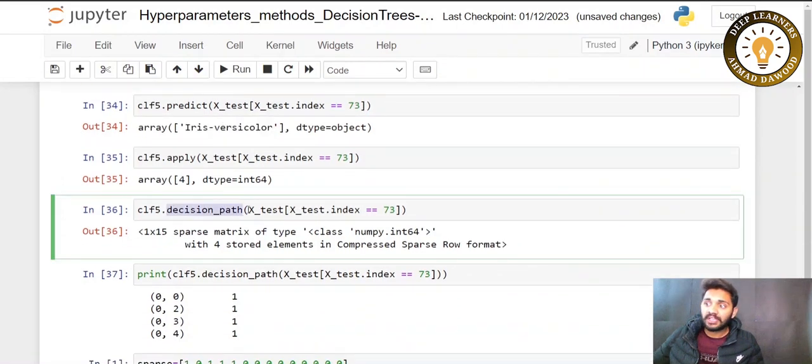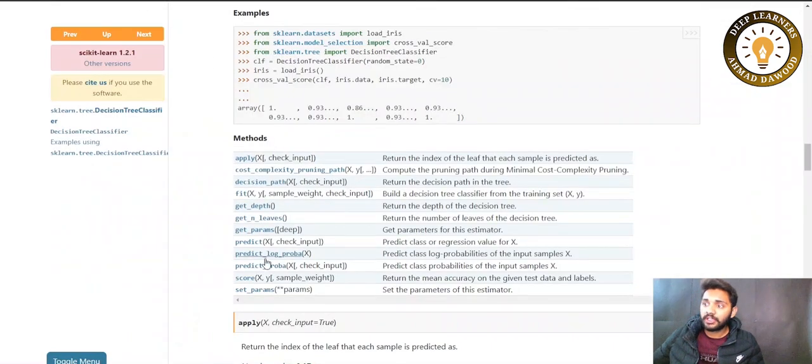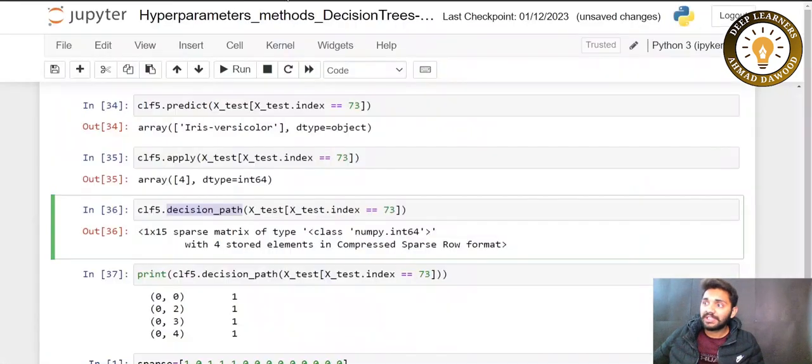If I pass these input values to the decision path function that is available here, you can explore it. As I told you previously, this can tell you the whole path of how your input values or your sample is predicted as iris versicolor.